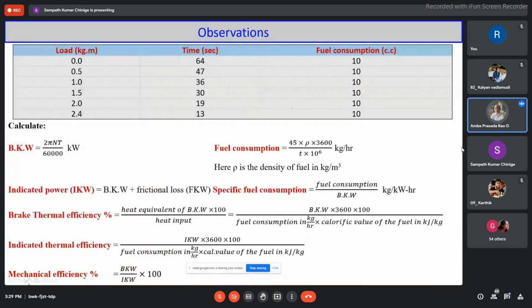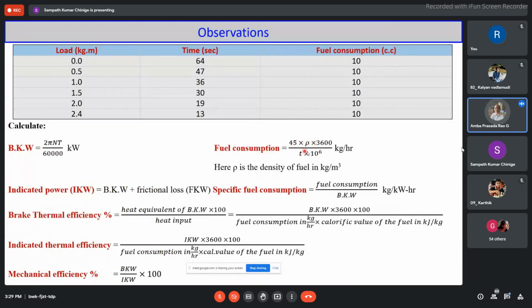Here it is written 45. Don't do 45, okay? Be careful in making use of the proper cc. In place of rho, you have to take 832 because we are using 10 power 6 now. Otherwise, 0.832 divided by 1000 only. So that ends that one.